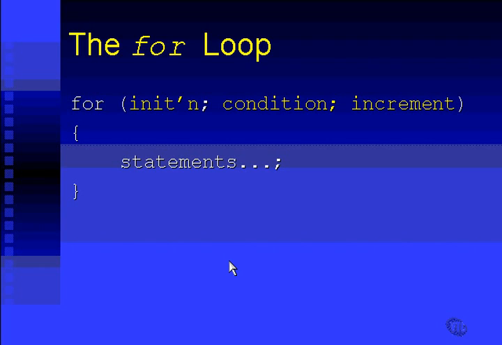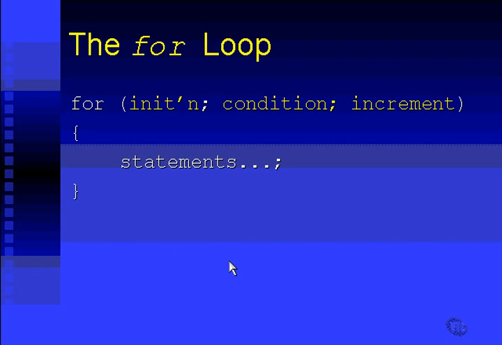Once the statements have been completed, the next thing we do is go to the increment area and perform that statement. You'll see this in a moment when we look at an example. We perform the increment statement and then we check the condition again. So again, at that point we can decide whether to go into the loop or drop out of the loop. So we could go into the loop, then back to the increment, back to the condition.